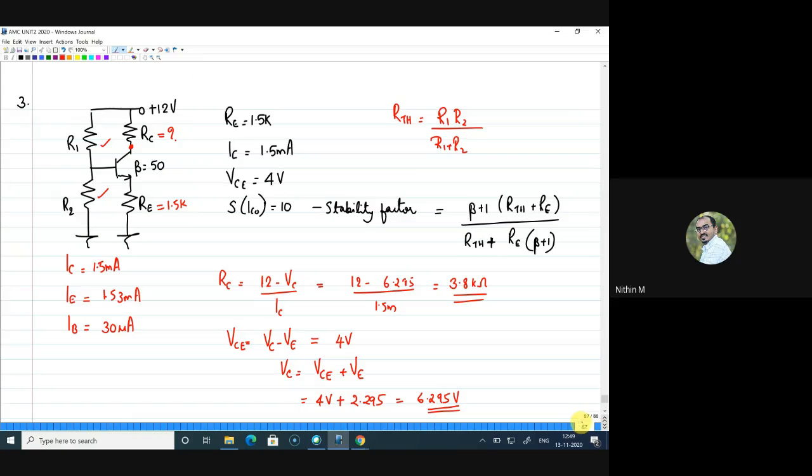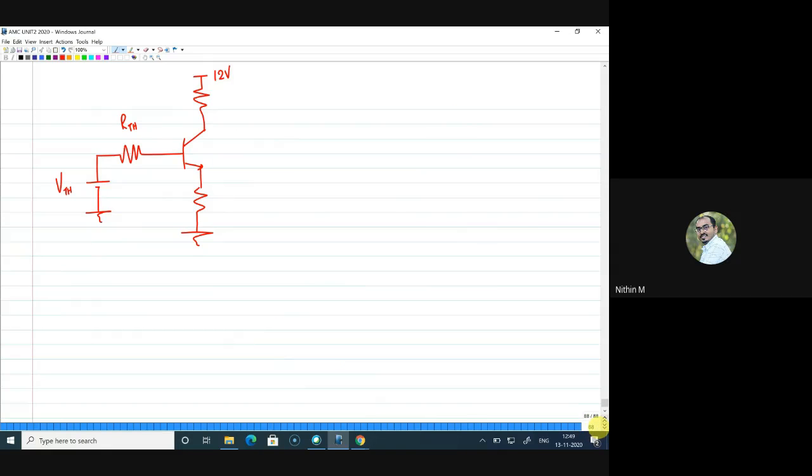The RC value is now 3.8K and the other one is 1.5K, and other things are unknown. Now we are supposed to find the values of R1 and R2. Can you tell me how to proceed now?